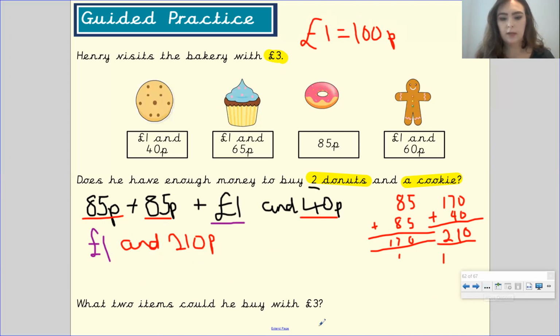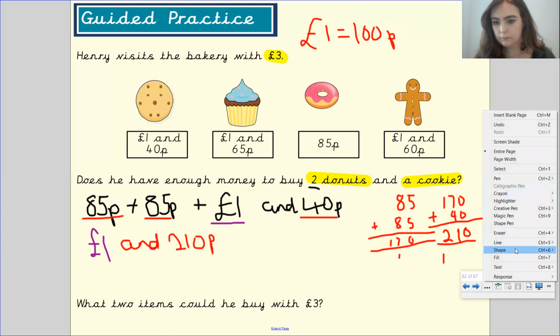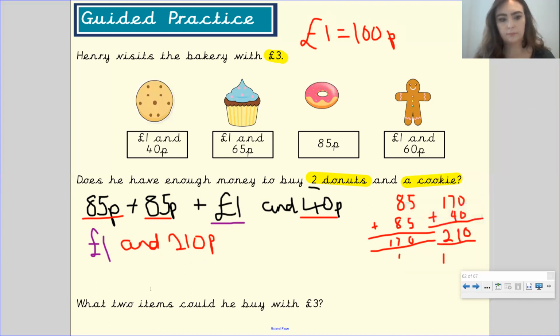Pause the video and have a think. Okay, so we know that 210 pence is the same as £2 and 10 pence. So well done if you said that.